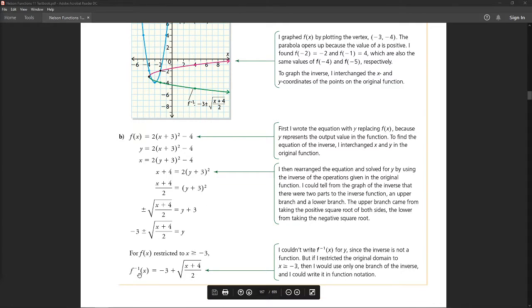It's f of x. So what happens if it's -4? It's 0. 0 divided by 2 is 0. The square root of 0 is 0. Oh wait, that's an intercept though.